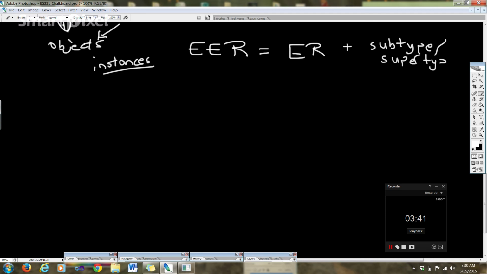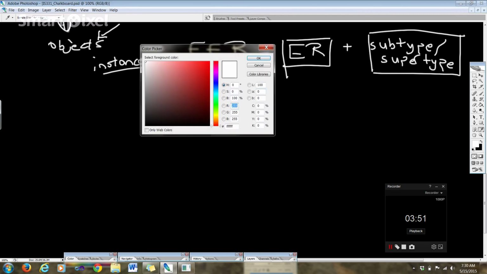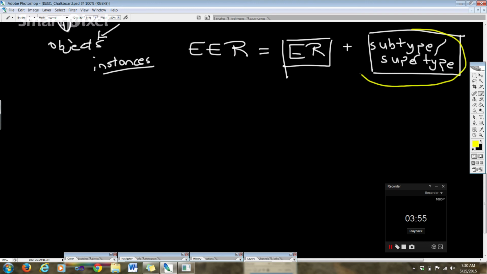Before, in our regular ER model, we were just dealing with the relationships and stuff, but we never recorded this subtype or supertype information. So now we're recording this information, and that's what we call an extended ER model.